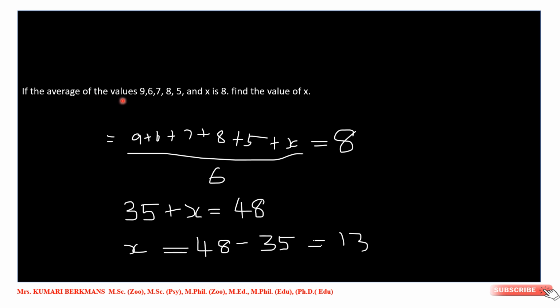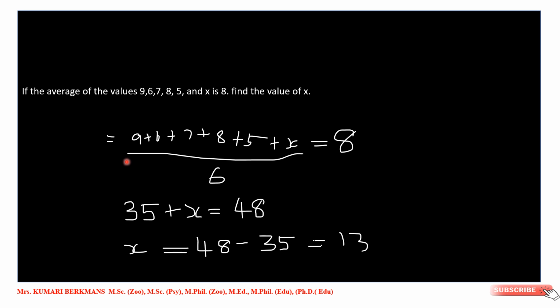See the next one. If the average of the values 9, 6, 7, 8, 5 and x is equal to 8, then find the value of x. It is very simple to find out. Let us take these numbers: 9 plus 6 plus 7 plus 8 plus 5 plus x. This average is 8.